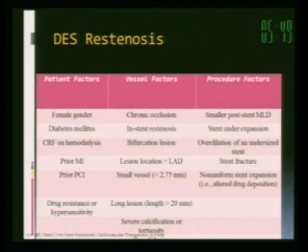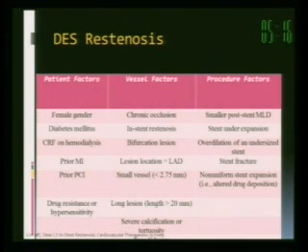In DES restenosis, various factors which are important include, among patient factors, female gender, diabetes mellitus, chronic renal failure on hemodialysis, prior MI, prior PCI. Among vessel factors, important ones include chronic occlusion, in-stent restenosis, bifurcation lesions, lesion location in left anterior descending artery, small vessel less than 2.75 millimeter, long lesion length more than 20 millimeters, severe calcification or tortuosity.